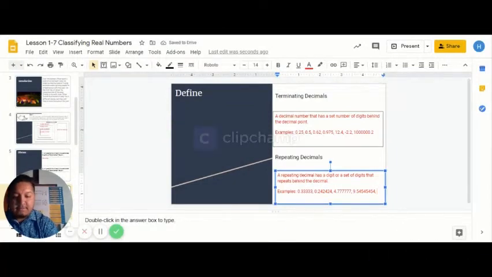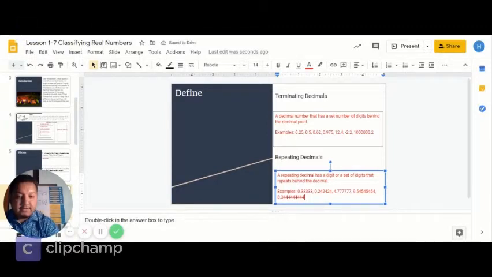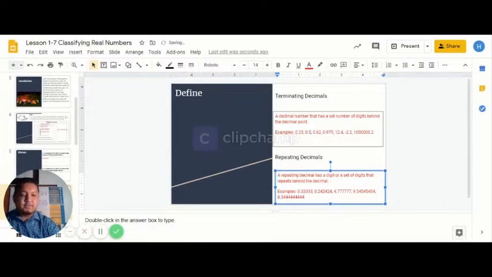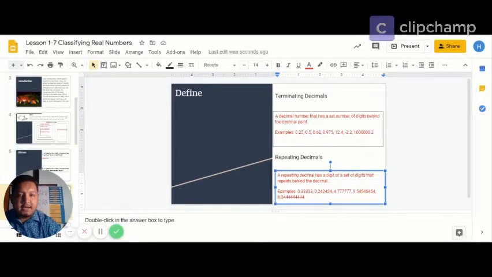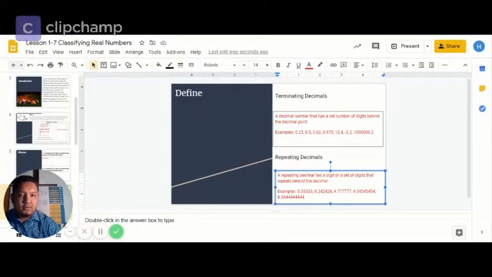Now, we can also have a number that's, for example, 8.3444444 forever. Notice how that 4 repeats. Now, when you have a repeating decimal, remember that you need to write that number with a line above the number or the set of numbers that repeats. So, for example, 0.3333 forever, you're going to write 0.3 with the bar notation above the 3.